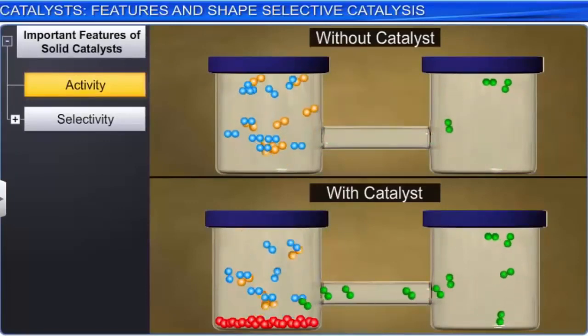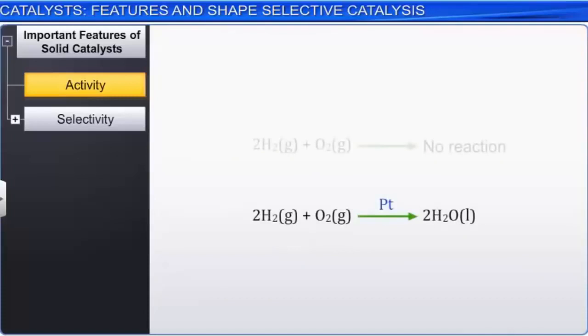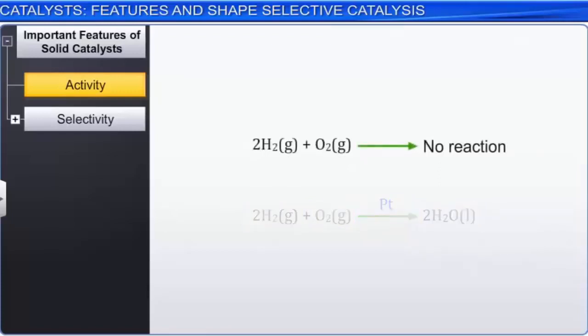Consider the chemical reaction between hydrogen and oxygen to form water. In the absence of any catalyst, hydrogen and oxygen do not combine, and therefore can be stored for an indefinite period. However, in the presence of platinum as a catalyst, they react rapidly to form water.